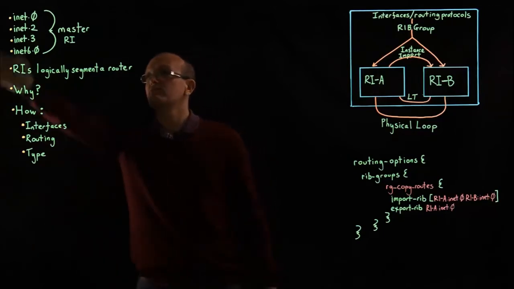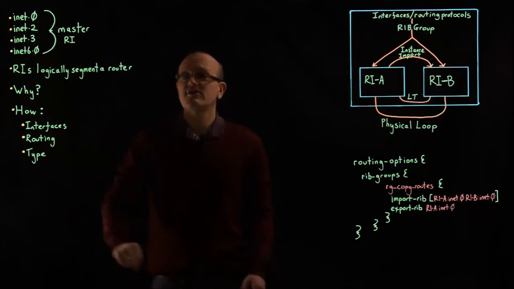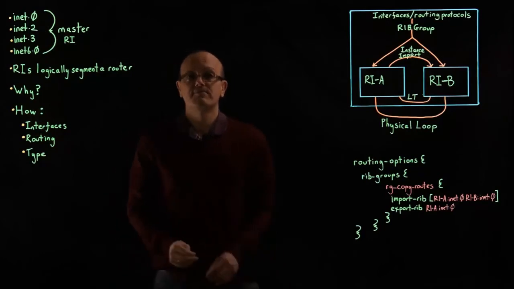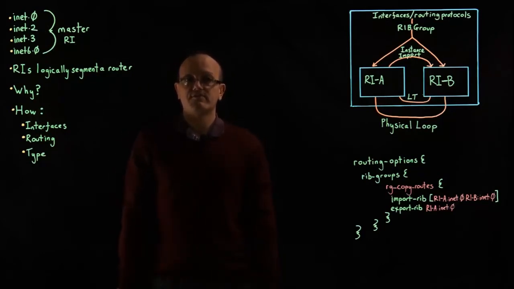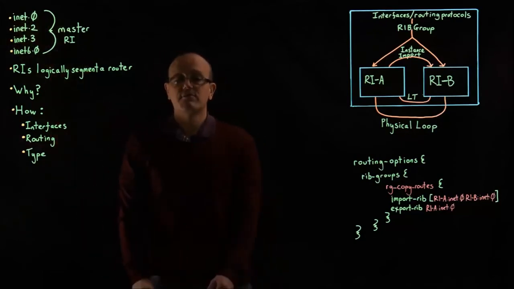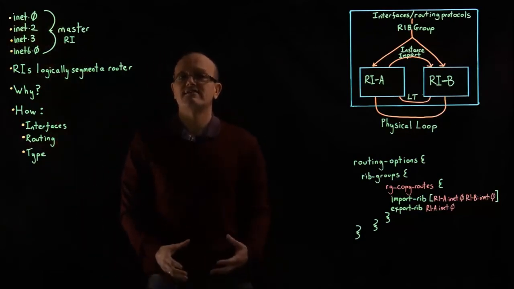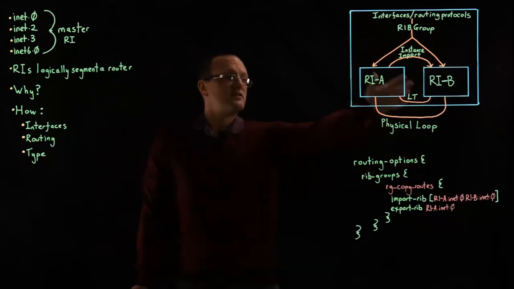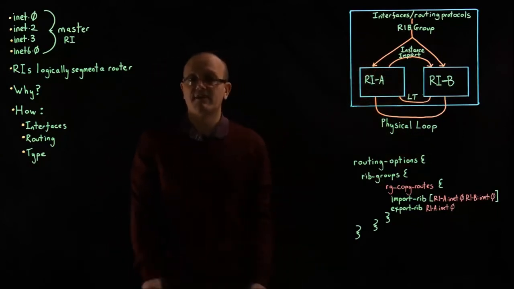So you have these routing tables associated with your master routing instance on your Juniper routers. And if you configure additional routing instances, then you also have copies of all of these routing tables associated with those routing instances that you create. So for example, say you create routing instance RI-A.